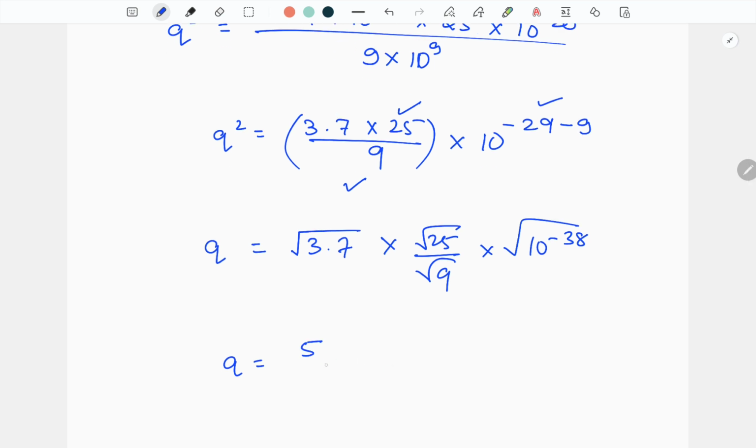Now under root 25 is 5, this is 3, and this will become 10 to the power minus 19.